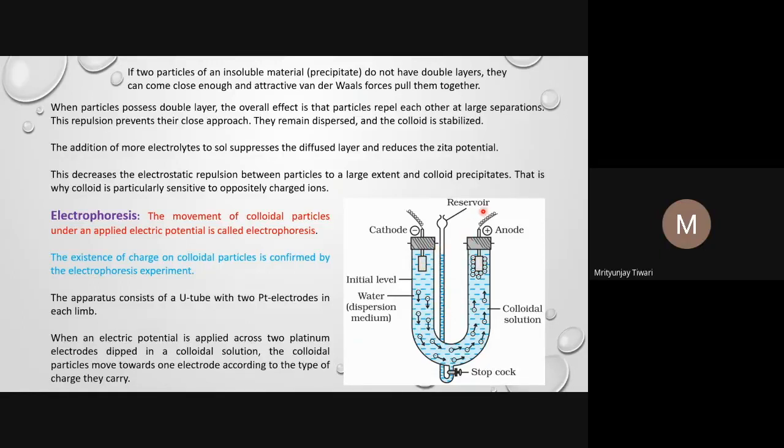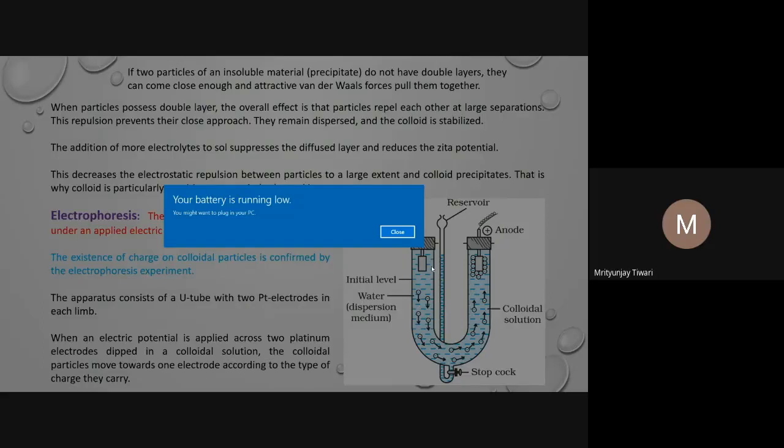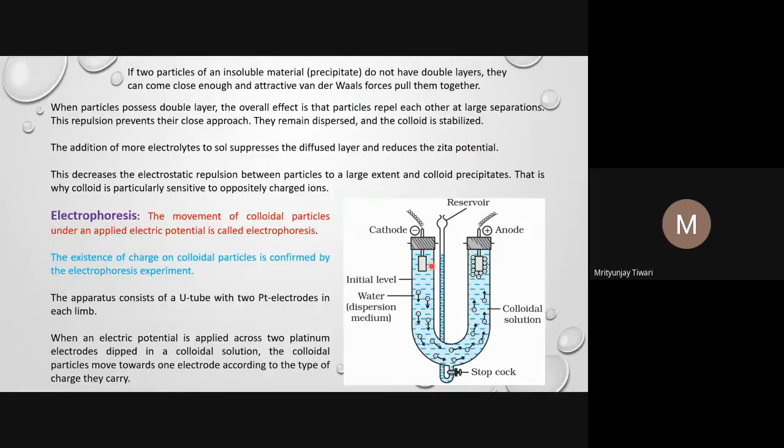We connect them to a battery, so we give different potentials, the positive potential and the negative potential. The colloidal solution goes through the reservoir, and this colloidal solution contains some colloidal particles.